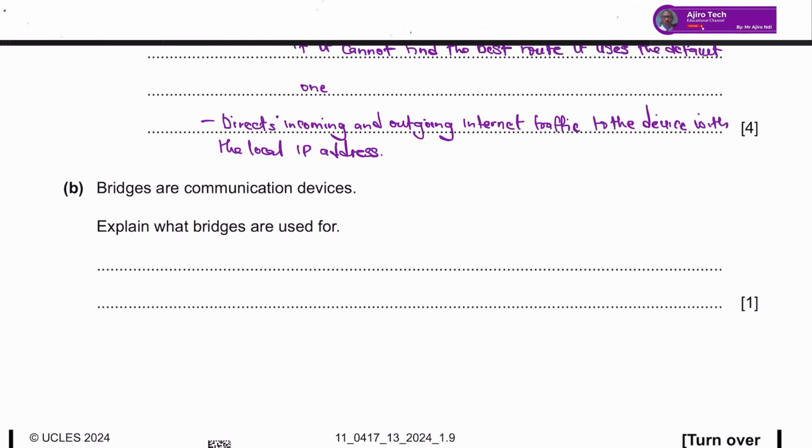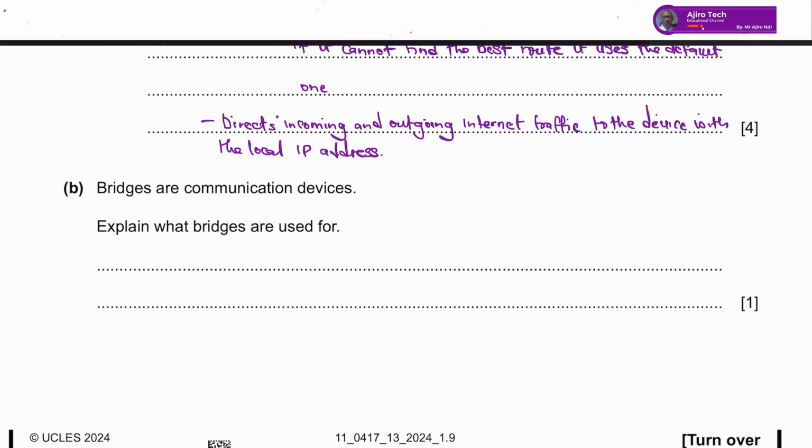So essentially what a bridge does, now in Japan, especially Osaka, you discover that they have a lot of bridges, and it's important to understand that a bridge is to connect two places together.